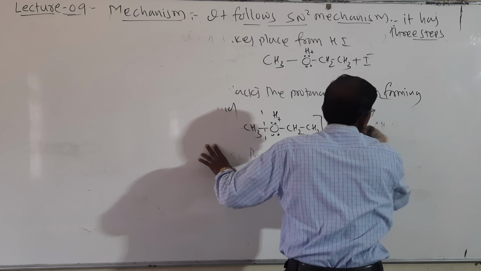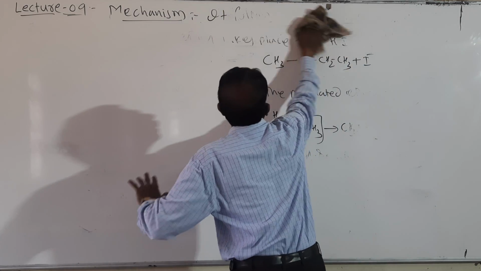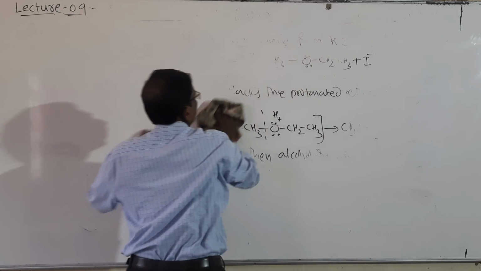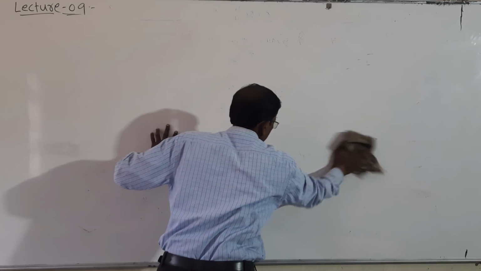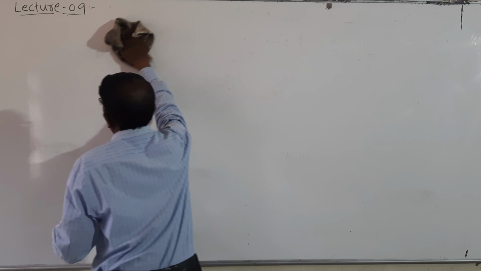Then, what happens when the higher ethers, like tertiary butyl methyl ether, are treated with hydrogen iodide?